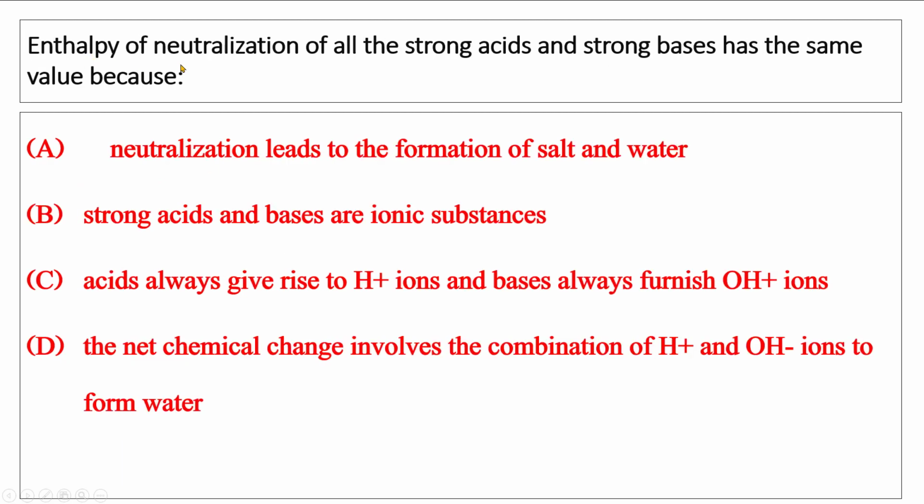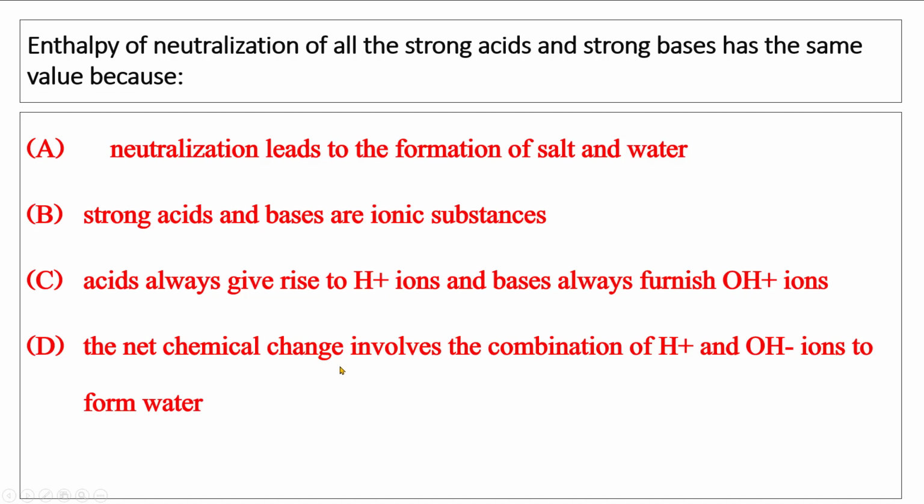Enthalpy of neutralization of all the strong acids and strong bases has the same value because neutralization leads to the formation of salt and water. Strong acids and bases are ionic substances. Acids always give rise to hydrogen ions and bases always furnish hydroxide ions.